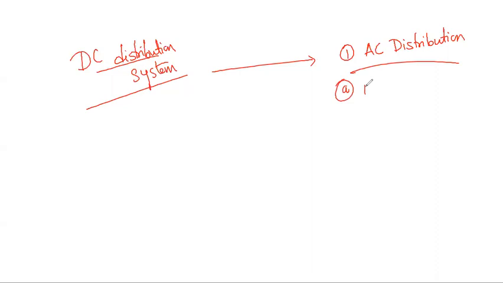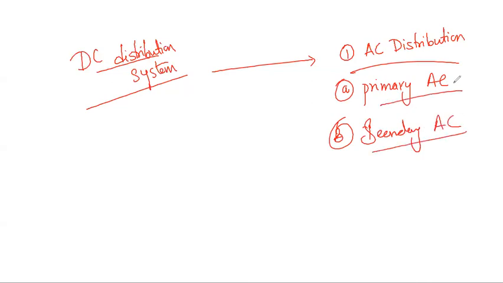First is the primary AC distribution, and second, B, is the secondary AC distribution. These are present for both DC distribution and AC distribution, and here we will have quite a good number of problems.